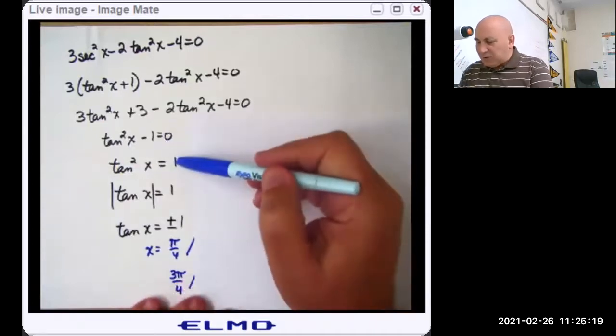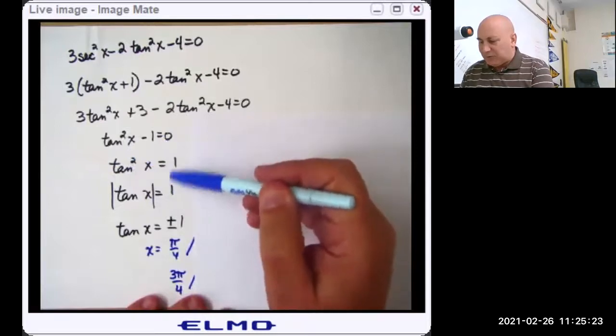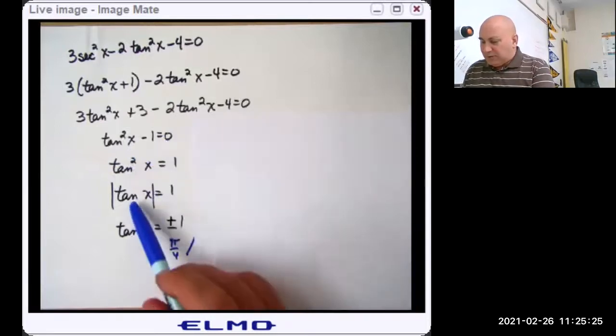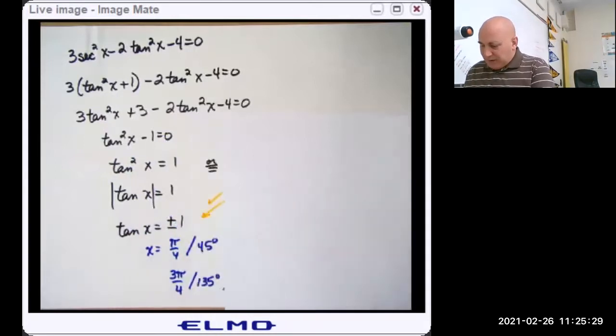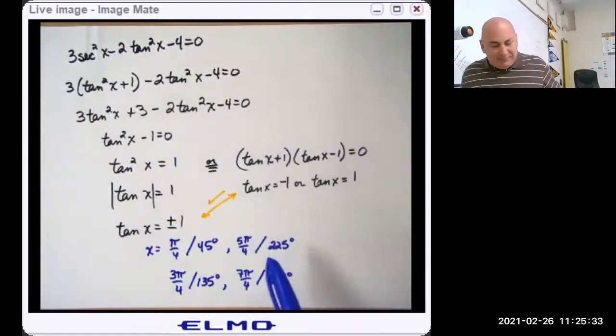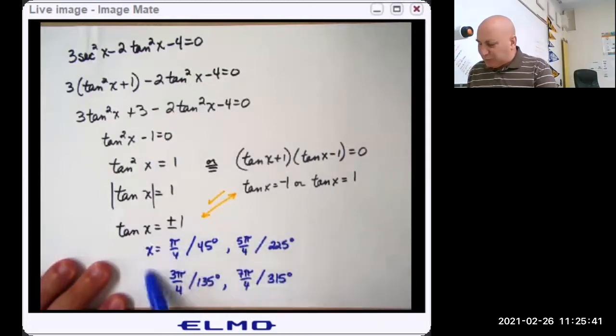So if tangent squared x equals 1, the absolute value of tangent x equals the square root of 1, or 1. So tangent x could be positive or negative 1. And where does that happen? That happens at pi over 4 or 45 degrees, 5 pi over 4 or 225 degrees. These are all the answers within one revolution.